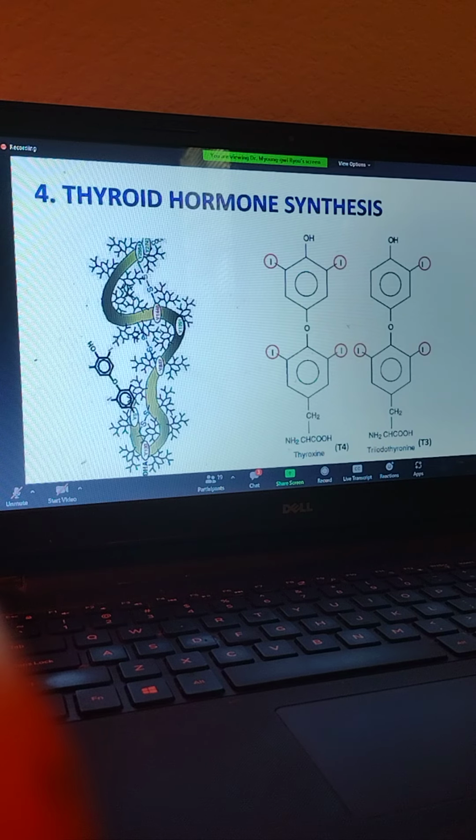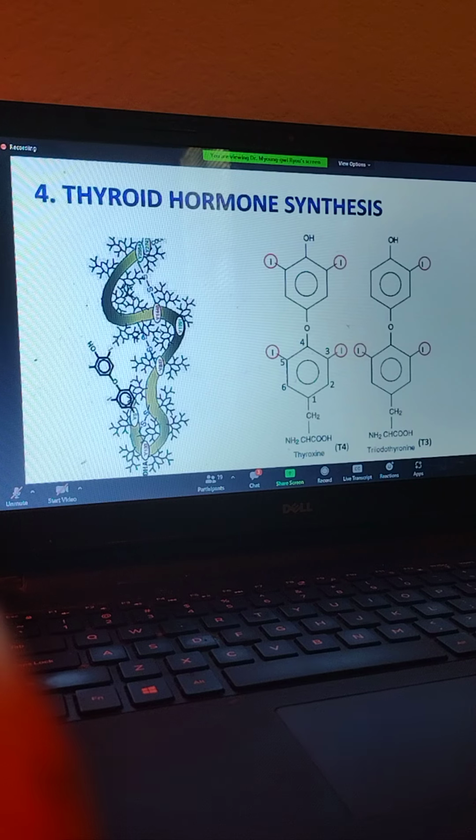Okay, so we must know the numbering on these ring structures. You can have carbon number 1, 2, 3, 4, 5, 6. Okay, so you can say that number 3 and number 5 are iodinated. This is important. So the first ring is numbered 1, 2, 3, 4, 5, 6 counterclockwise, the Y's.